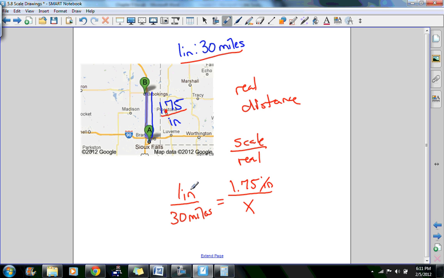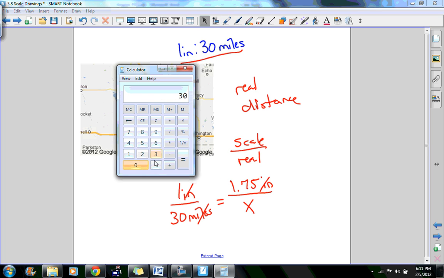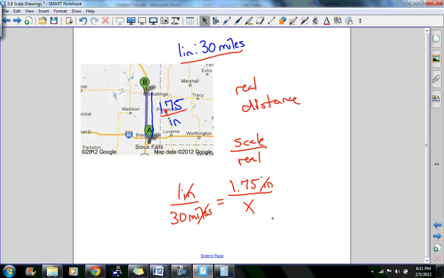Now I can ignore all of these labels because I want miles down here. So I just have to simply cross multiply, which means I have to do 30 times 1.75. And since it's a 1 there on the x, I actually don't have to do anything else. So 30 times 1.75 is equal to 52.5 miles.